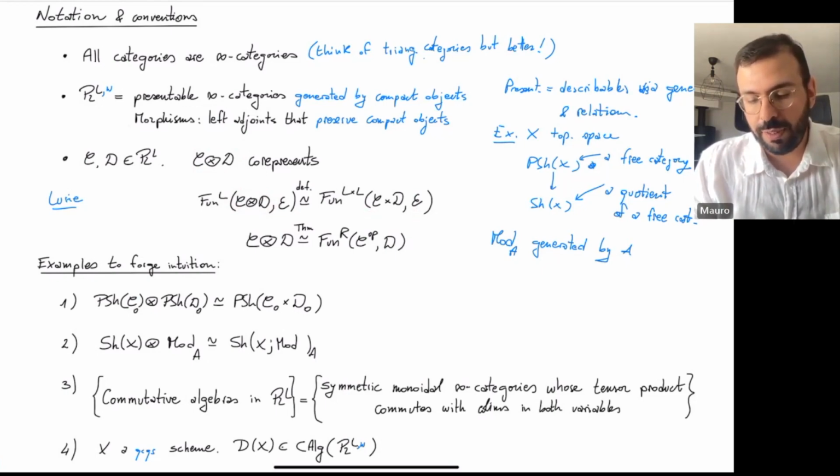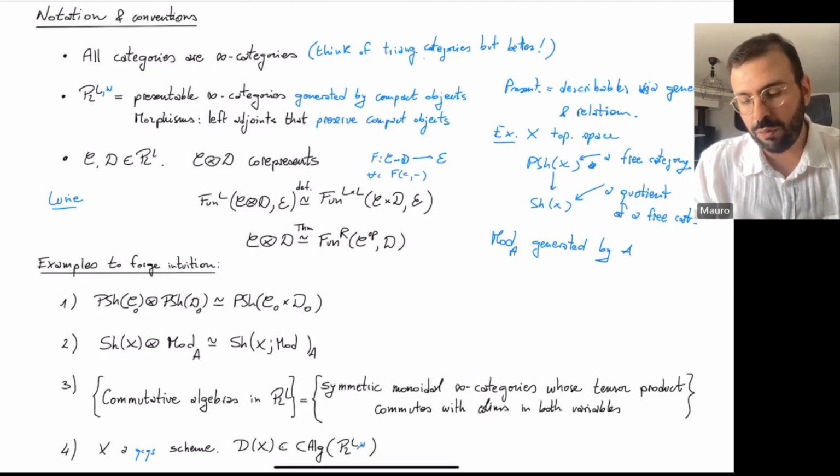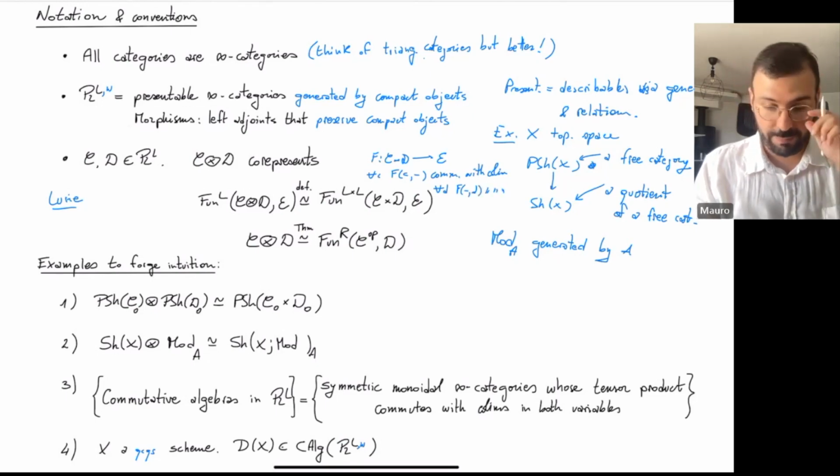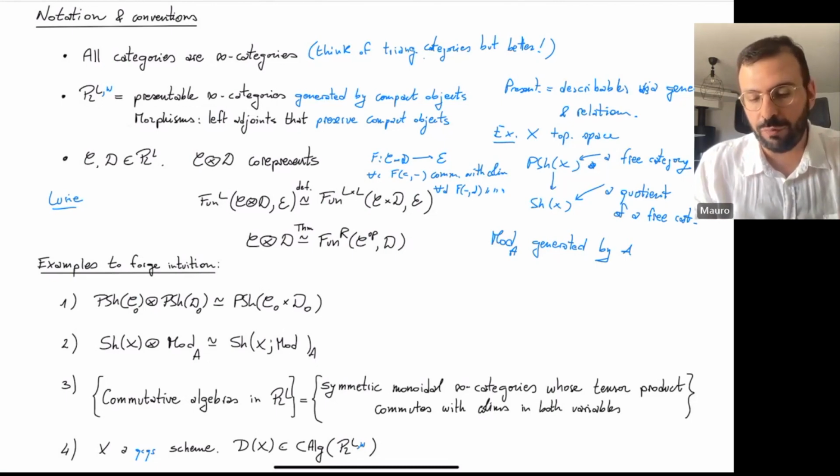So here I'm looking at functors from C times D to E, such that for every C, the induced functor F_C commutes with colimits, and for every D, F_D commutes with colimits. So this is the analog of functions that are bilinear. Functions that are bilinear become functors that are bicontinuous.